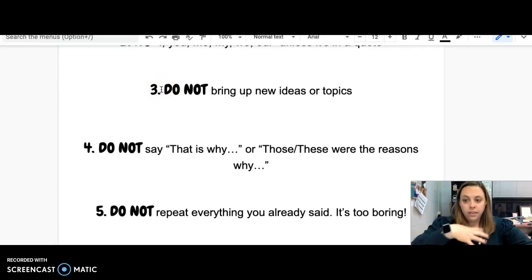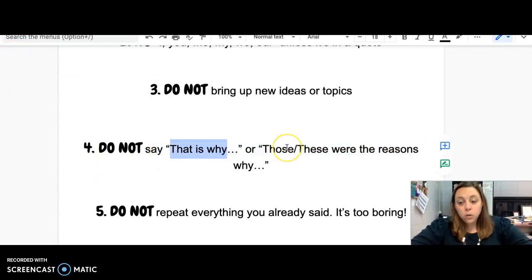So make sure that everything is still related, and don't bring up something that you had in your research but haven't used yet. The conclusion would not be a spot for that. Number 4, this I've been seeing a lot in your writings. That is why, or these are the reasons why. They're not impactful sentences. So I don't want to see them especially as that closing sentence, okay? And the last thing, try not to repeat everything you already said in the same way. It's boring and your audience will notice.